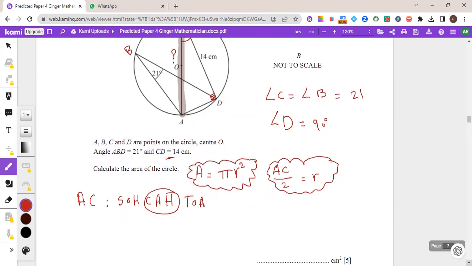Adjacent over hypotenuse. So cosine 21 equals adjacent 14 over hypotenuse, which is AC. Then AC equals 14 over cosine 21.